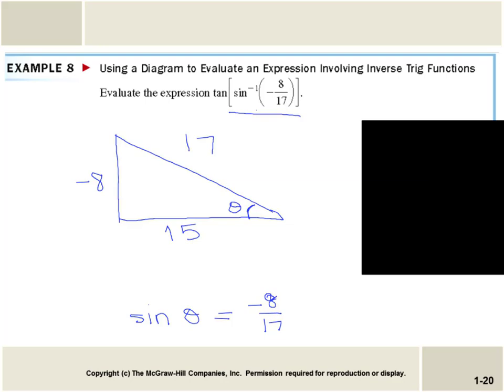Nope. No, where is inverse sine defined? Does anybody know?